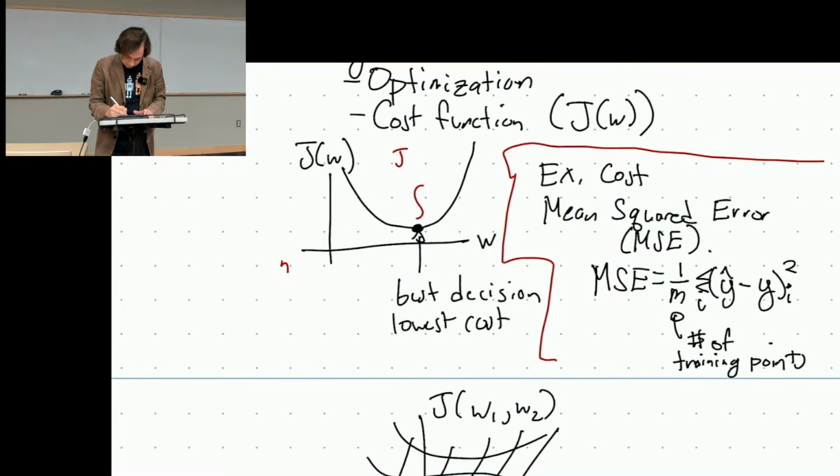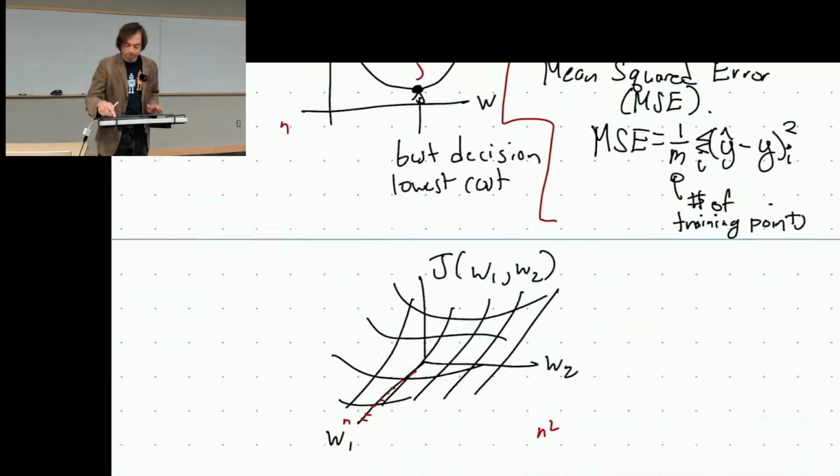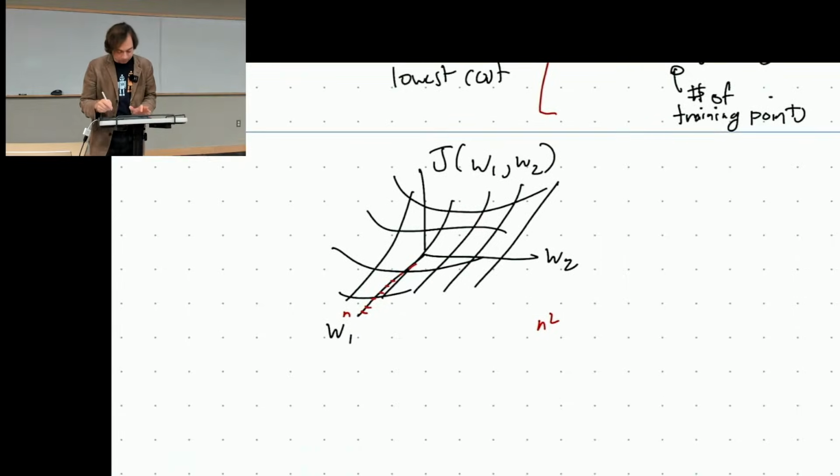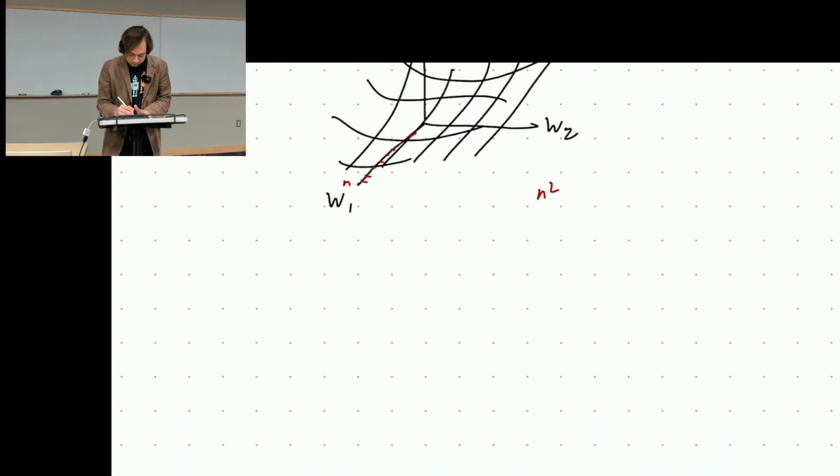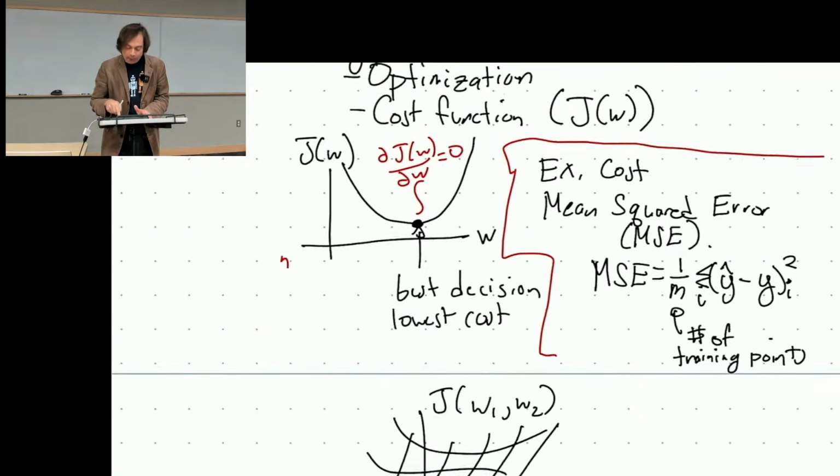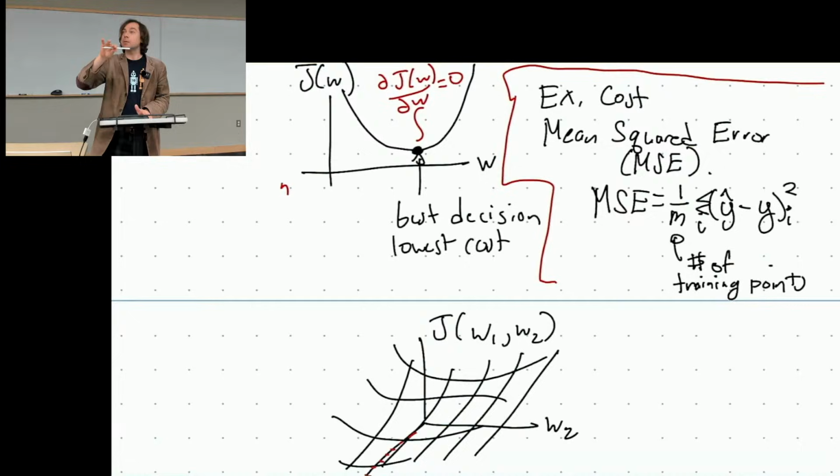There, the partial derivative of j of w with respect to w is equal to 0. Okay? There's a name for that. So in order to know if you're potentially at a minimum, you must have that derivative equal to 0, or very, very close if you're doing this numerically.